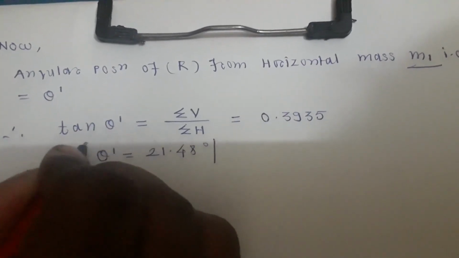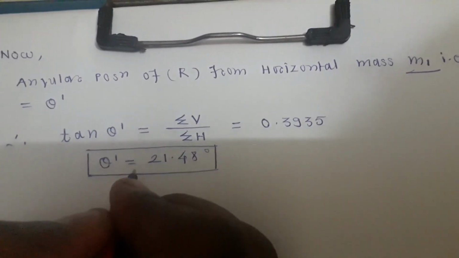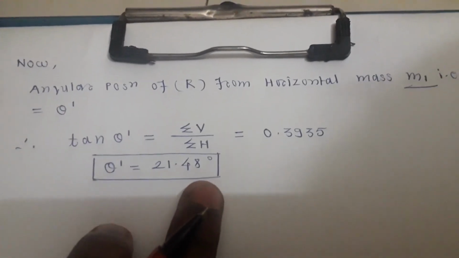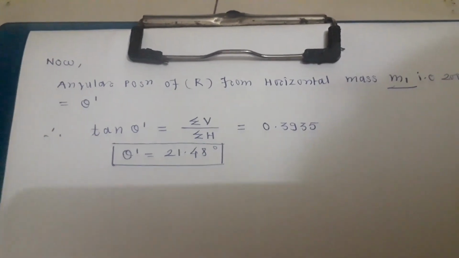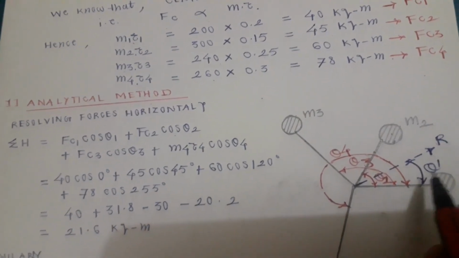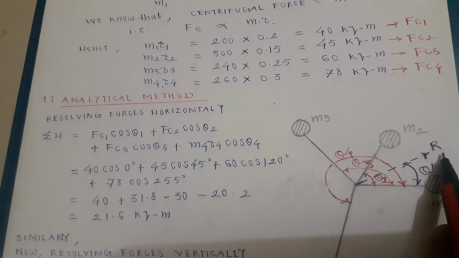So this is the angular position of the resultant force from the horizontal mass. So theta dash is equal to 21.48 degree. So here we have located the angular position for the resultant force capital R.